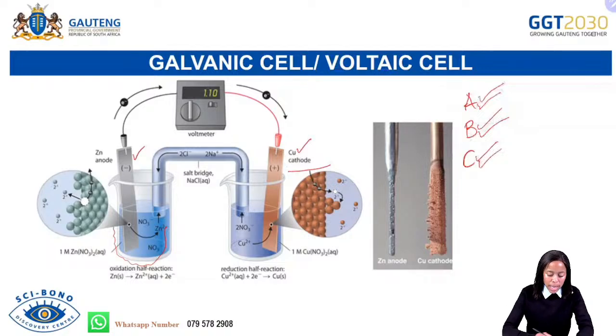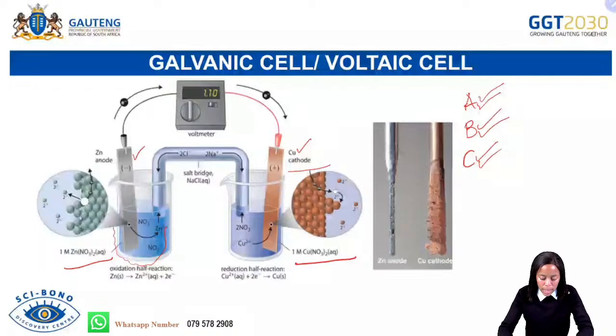Then we said that in the two half cells we are going to have our electrolytes. For the zinc, we have zinc nitrate as the electrolyte, and for the copper, we have copper nitrate as our electrolyte.